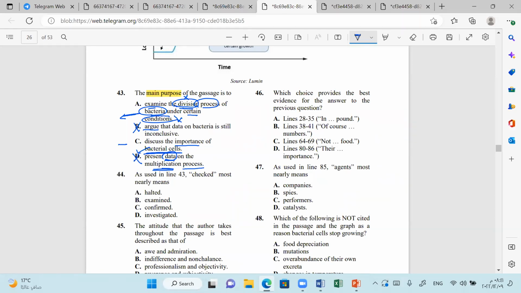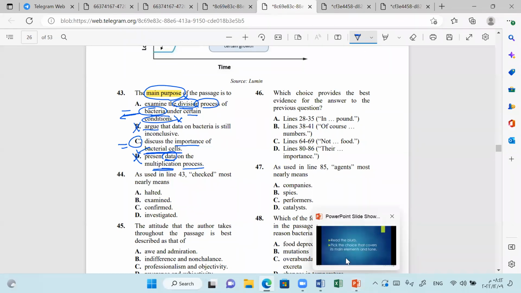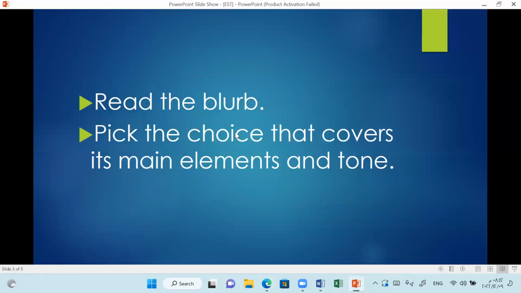So if I'm stuck between A and C, and perhaps D if you are tricked by multiplication, don't forget that we're working on the main purpose, so you might go for the more general answer, which is C. Okay, if I am in doubt, I'm not 100% sure, I told you what? The solution is in the passage.